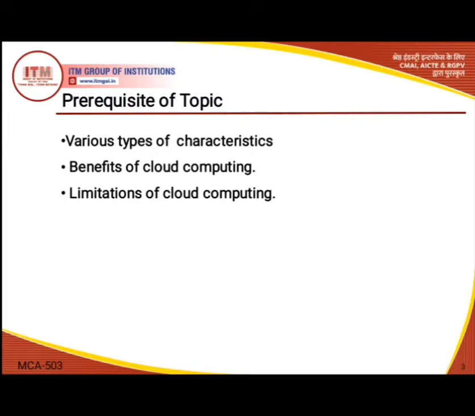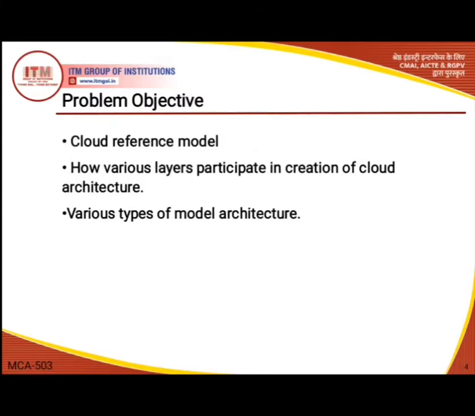So before understanding the reference model, you should have knowledge about these features, benefits, characteristics, as well as the limitations.